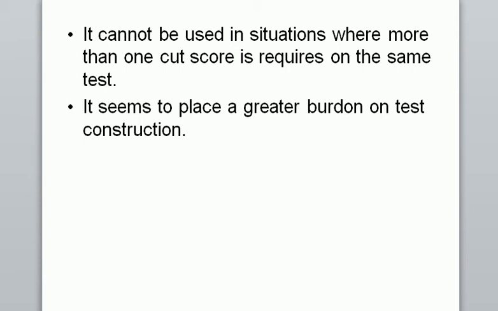And the last problem is that it seems to place a greater burden on test construction. It means this method puts more burden on test construction, not on the examinees.